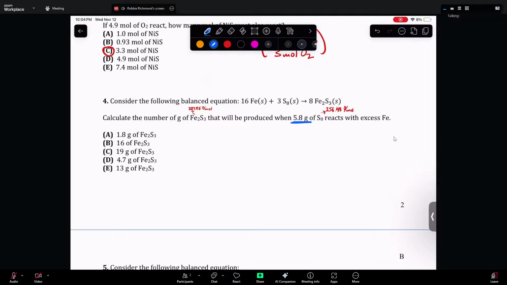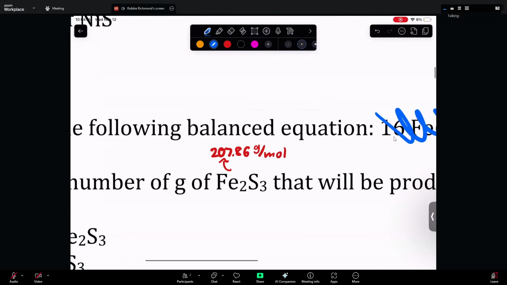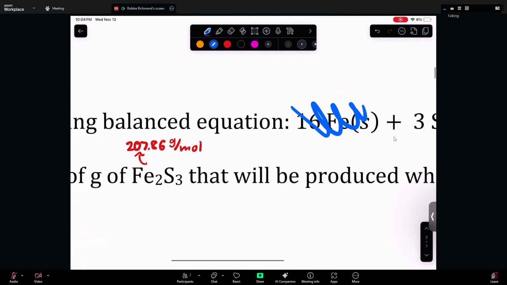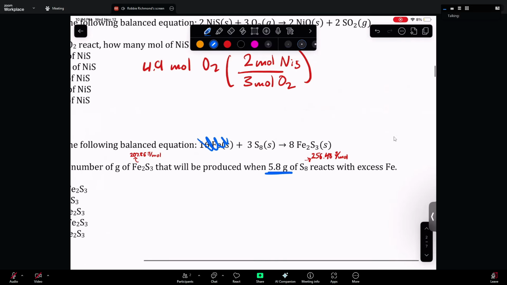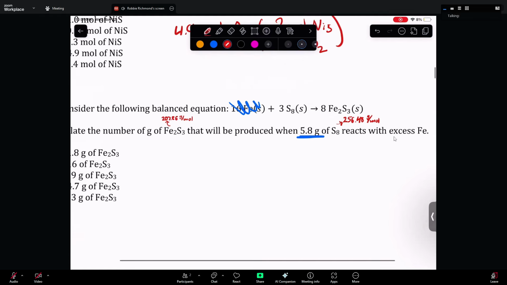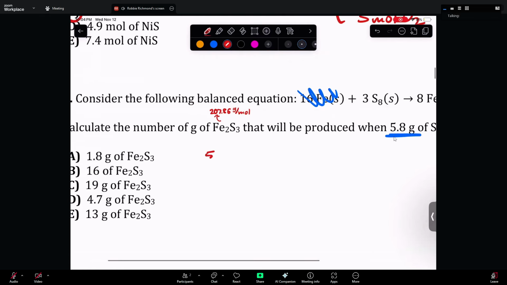Then, since Fe is in excess, we don't really have to consider it. We use the stoichiometric ratio of S8 to Fe2S3 to figure out how many moles we get, and then finally use the molecular weight of Fe2S3 to figure out how many grams we have. So let's write all that information that I said down.